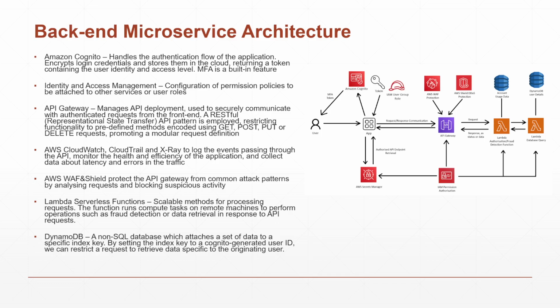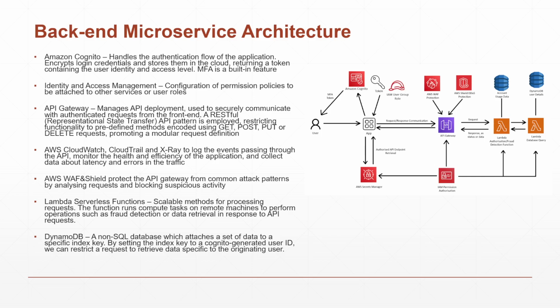Any traffic which passes through the API gateway will be monitored using the CloudWatch, CloudTrail, and X-Ray services, monitoring the health and efficiency of the application and collecting data about latency or any errors in the traffic. And the API gateway will also be protected using AWS WAF and Shield, which protect the gateway from some common attack patterns.